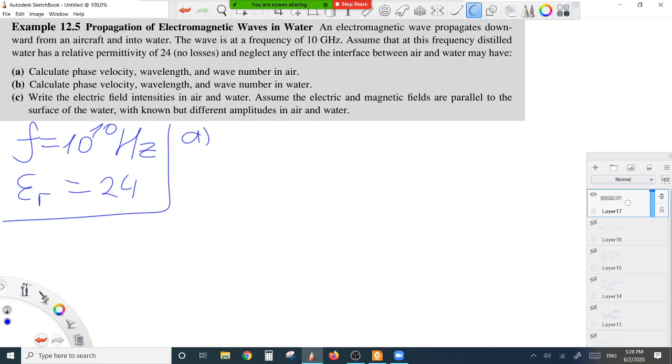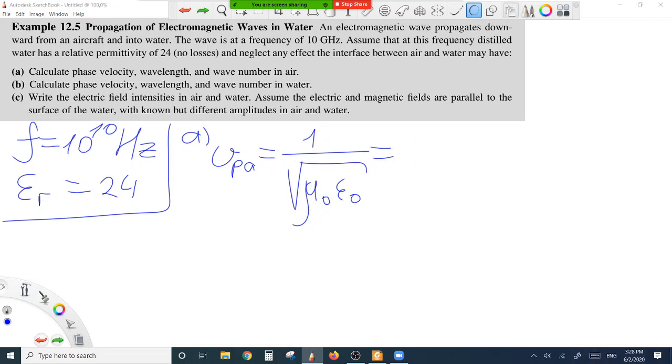In air, the phase velocity in air, VPA, we have 1 over the square root of mu 0 epsilon 0, which is equal to C. Let me write the numeric values as well.